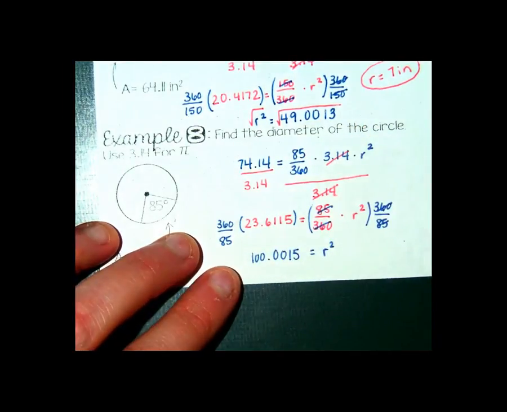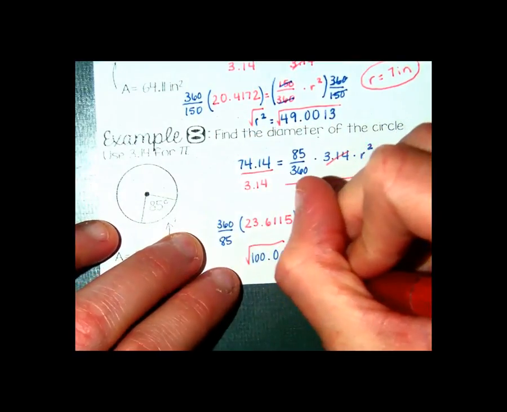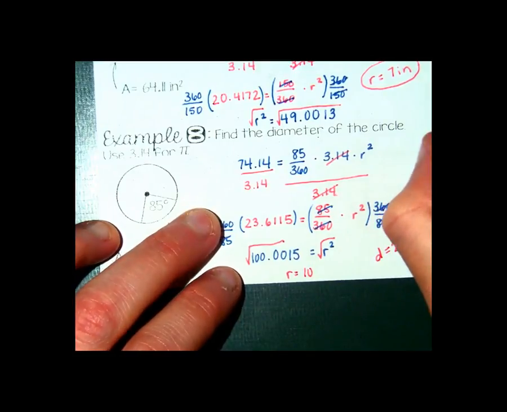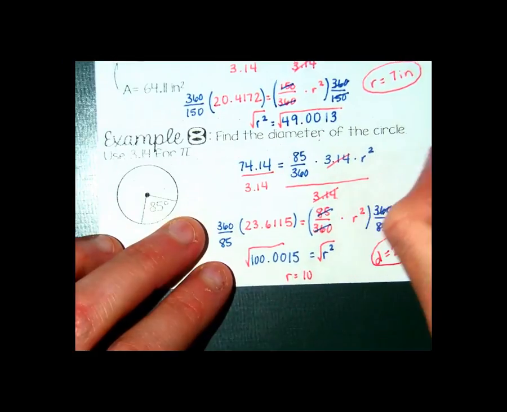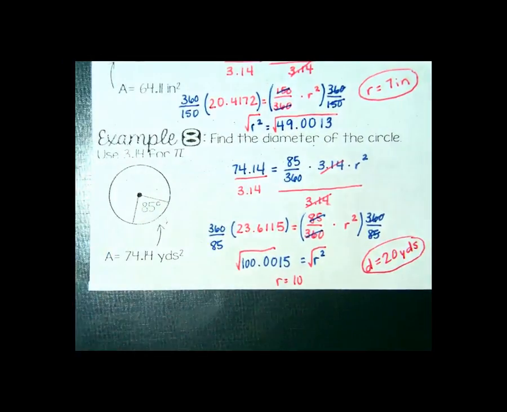So they are coming out kind of perfect there. Square root, the radius is, but the diameter is 20 yards. Okay. You're going to glue this in.